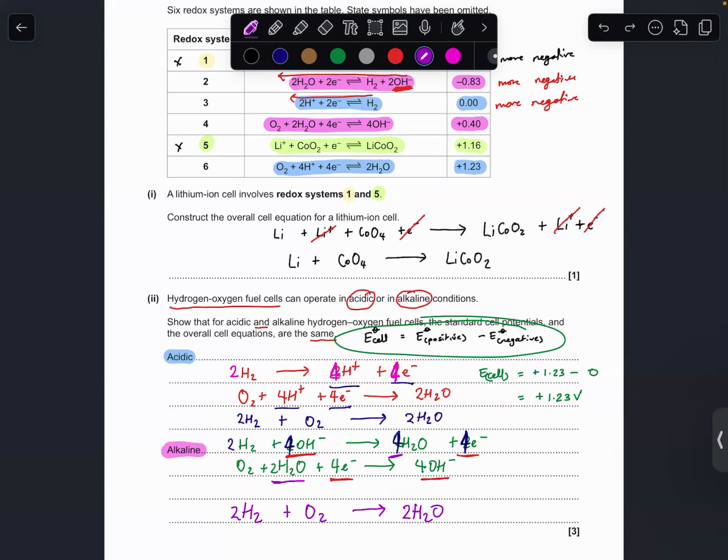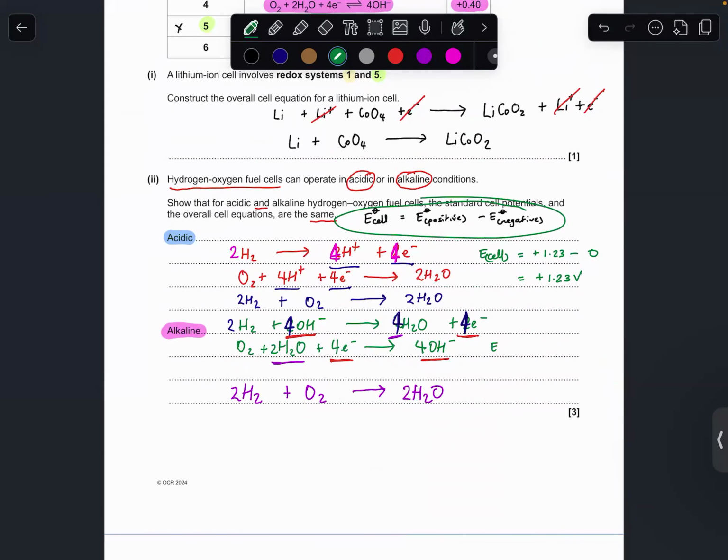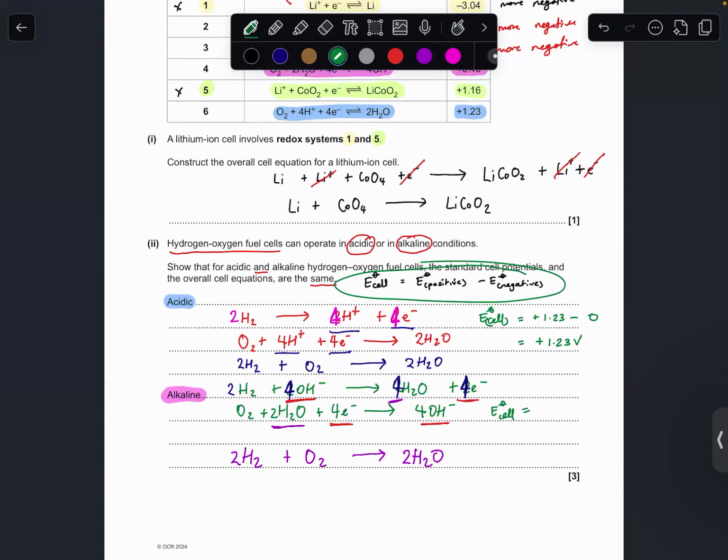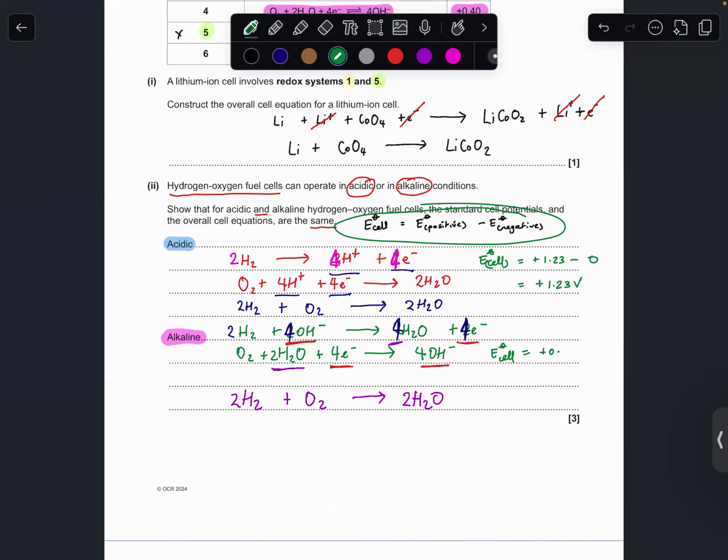Let's do the electrode potential value. Let's calculate that. The electrode potential of the cell is going to be, remember, the more positive minus the more negative. And that will give you plus 0.40 minus minus 0.83.